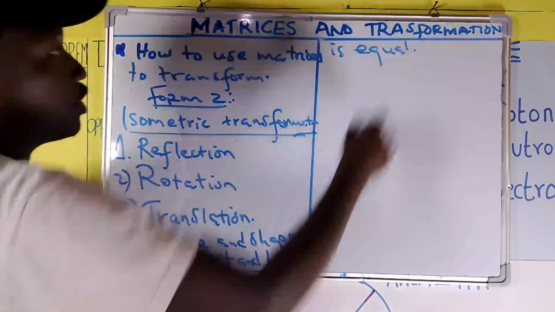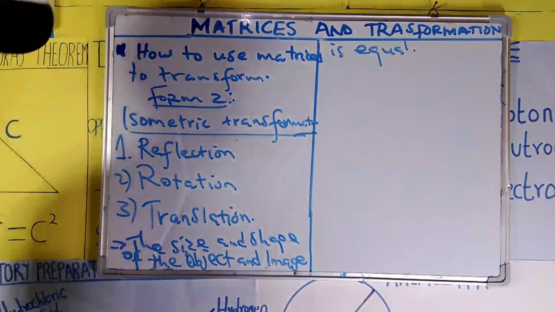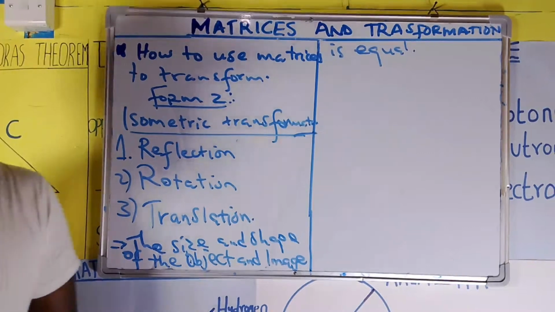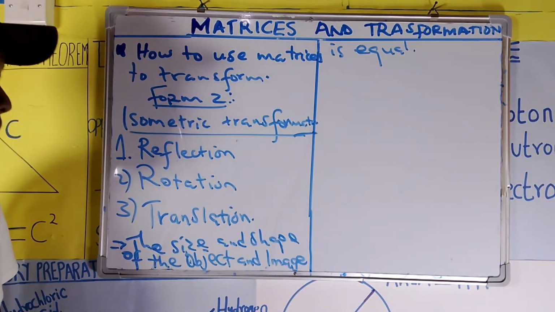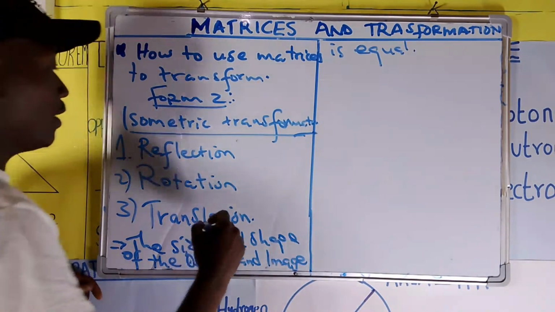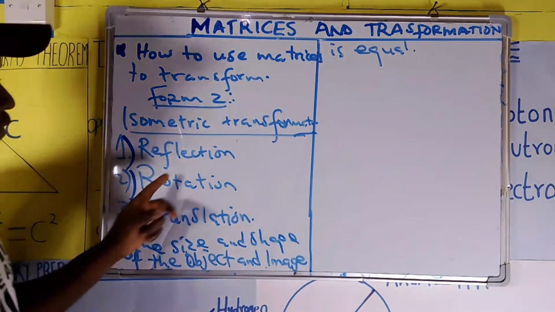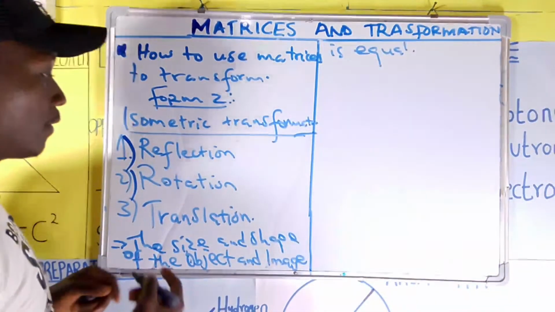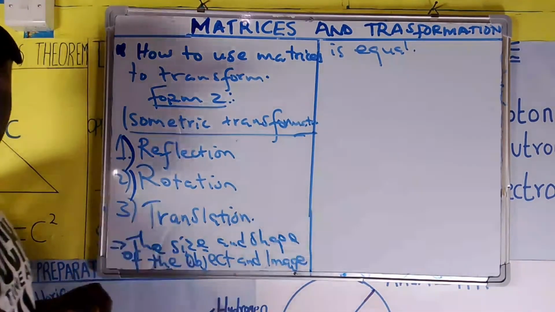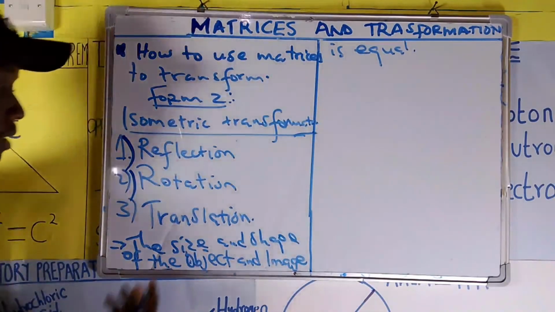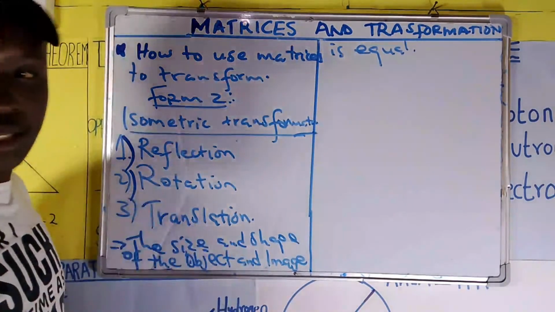The size and shape of the object and the image are equal. That is what the term isometric transformation means. So that means if we reflect a figure or an object and it forms an image, the size of the object and that of the image is the same. The size and the shape, the same with the rotation and translation.